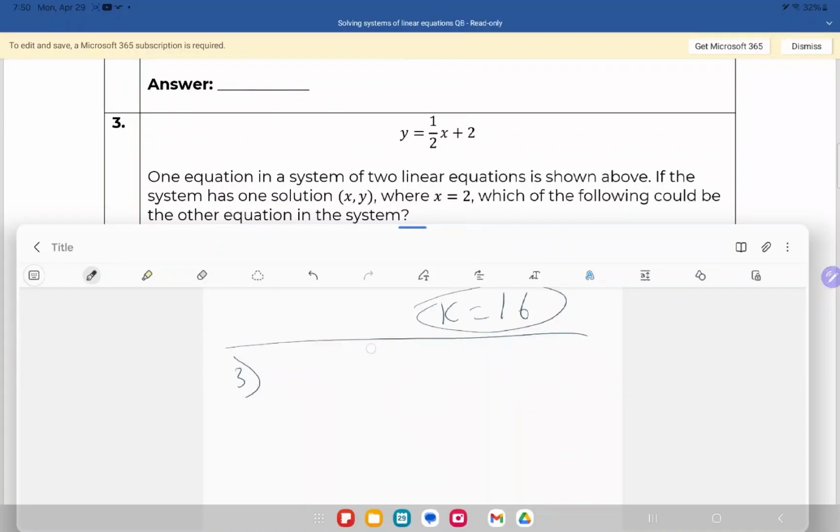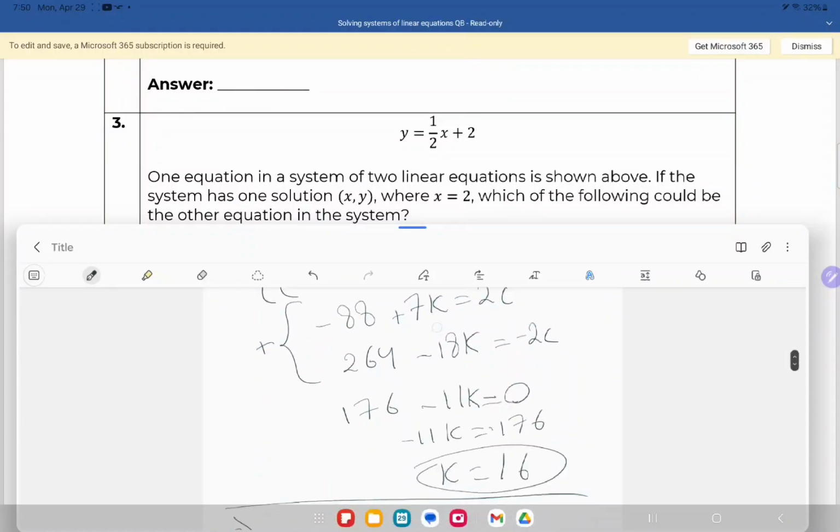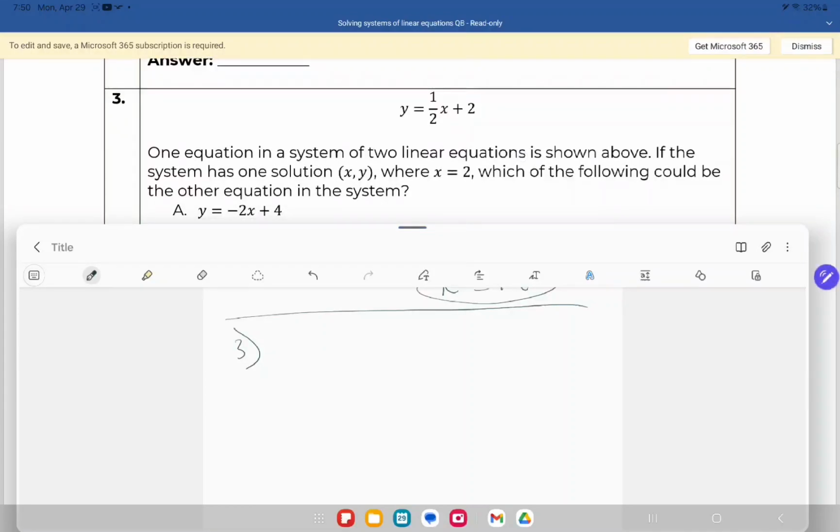Now let's go to 3. Okay, so one equation in a system of two linear equations is shown above. So one system out of the two.